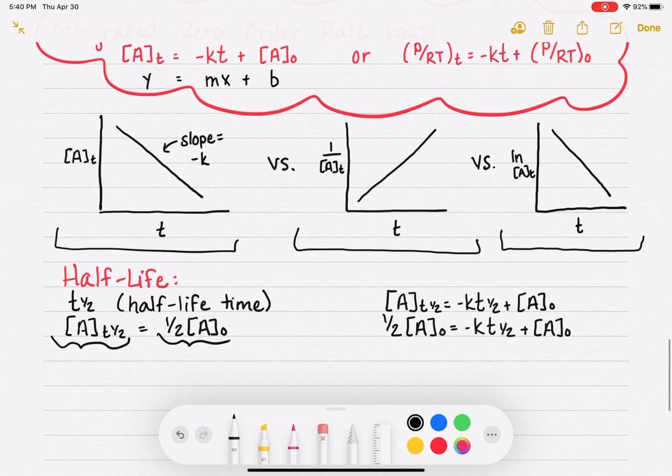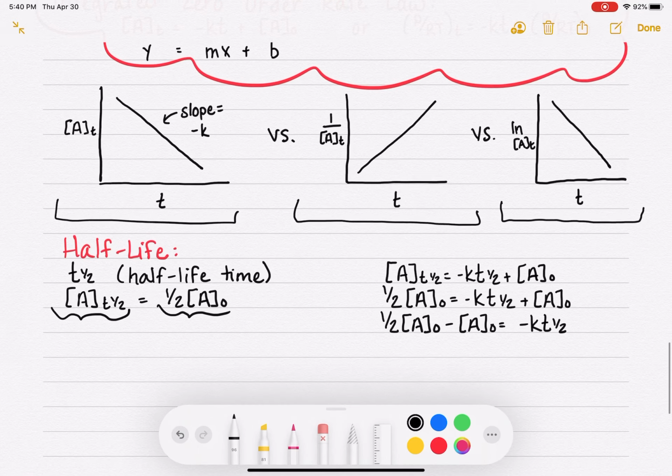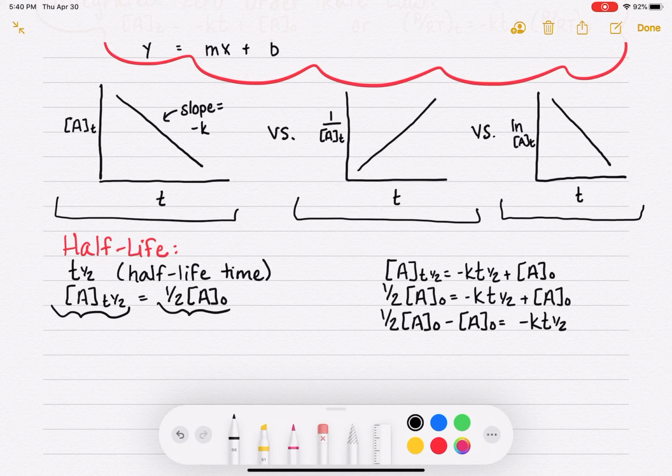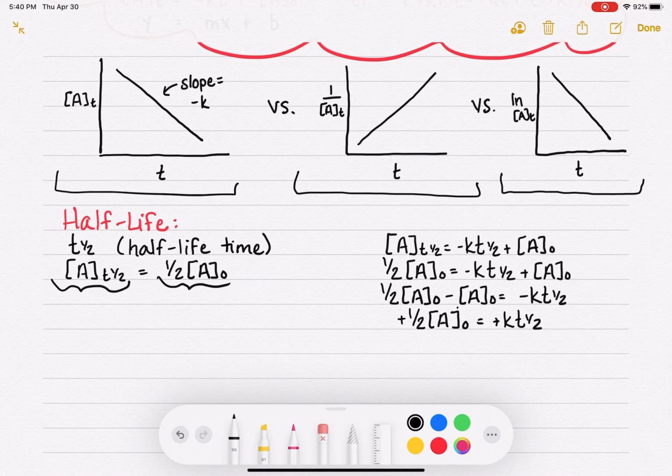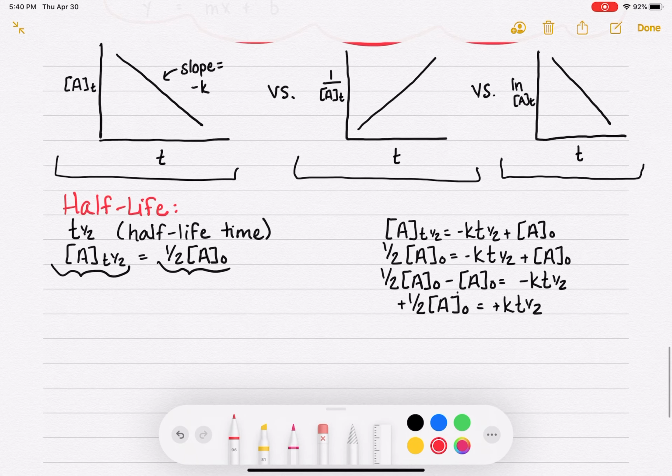We can do some easy algebra on this. So let's go 1/2 A initial minus A initial equals negative k t 1/2. And now we're going to end up with 1/2 minus 1. That'll give us a negative 1/2 A initial on the left side is equal to negative k t 1/2 on the right side. Let's get rid of those negative signs. And these half-life equations, we're always writing them with the t 1/2 part isolated.